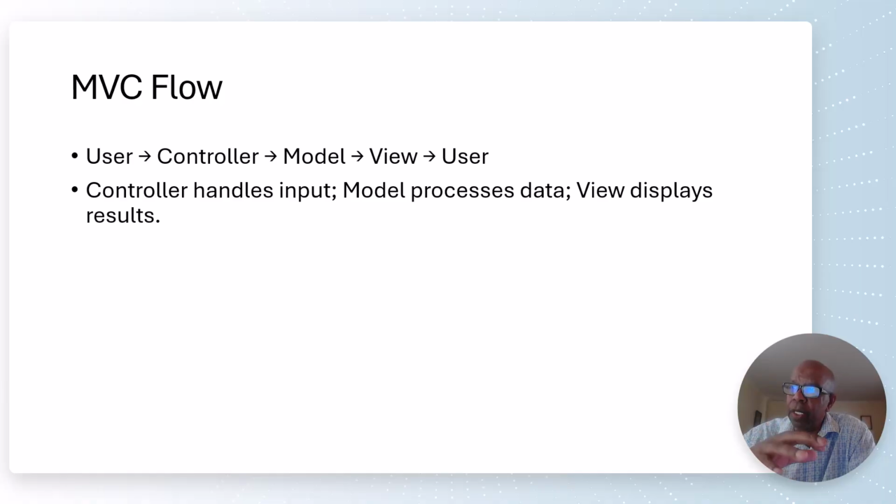What do we want to do with it? So the model processes, looks at that, pulls it, gives it to the controller. There's really a step missing here in that after we do the model, we actually do another controller function. The controller may be reading the database to get information. That information is passed back in a view, and the view basically sees the view that came from the controller. Controller handles input, model handles data, and view displays results.